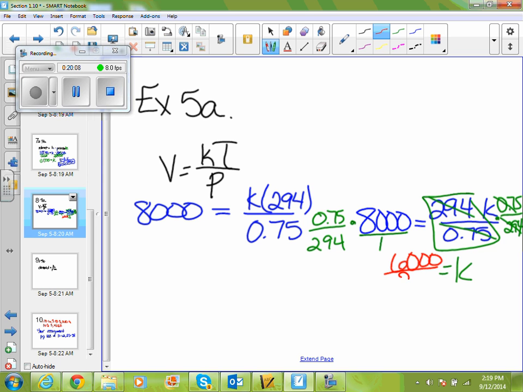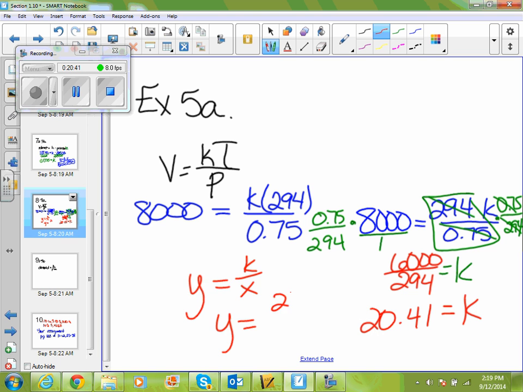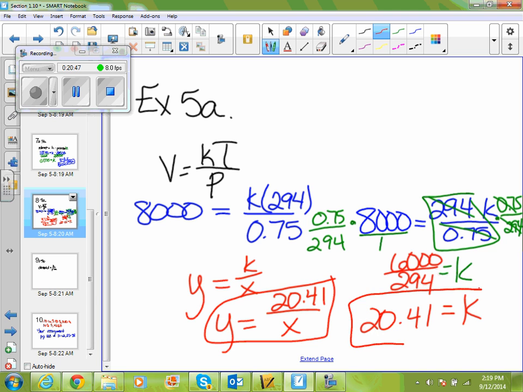And 294 times 1 is 294. Once we divide 6,000 by 294, we get k equals 20.41, which tells me that y equals k over x simplifies to y equals 20.41 over x. That would be my inverse equation for pressure and gas.